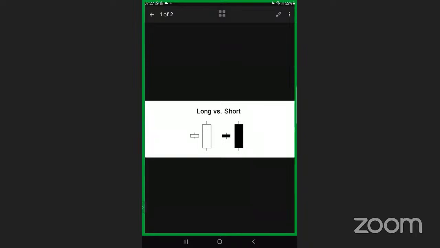Is there any important information related to the size of the body of the candle? That is the question I'm asking you. When you see a candle that is very small or short in nature, is there any important information communicated to you as a trader? Because now you are trying to understand the language of buyers and sellers using candles.